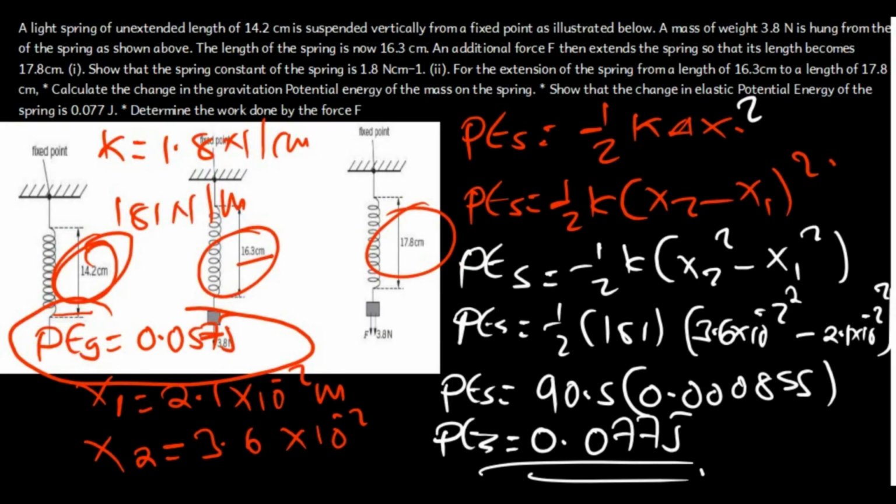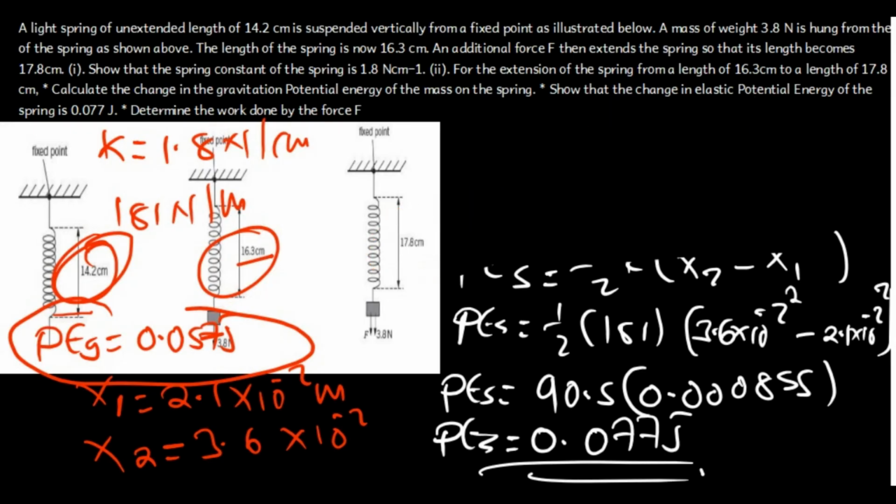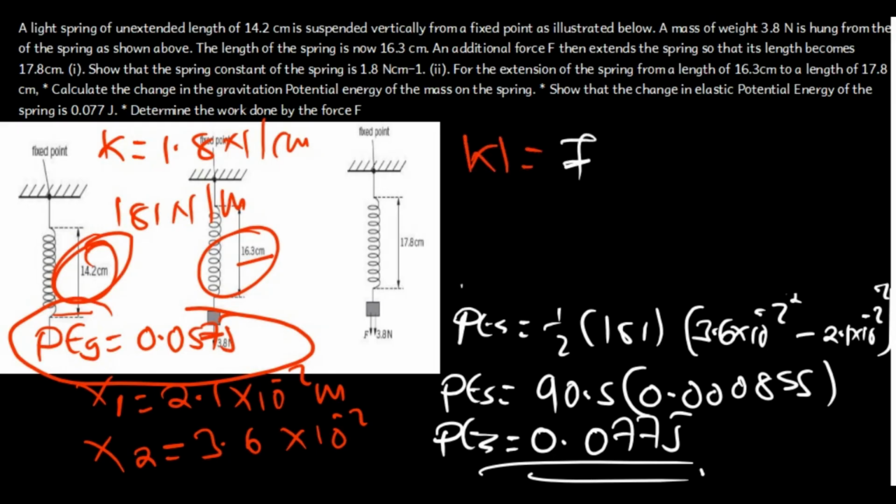Now to find this, we need to find the change in what? Okay, we know that work is given by force times x. But if you are trying to derive this formula, you are going to discover that it is going to take you back to this.